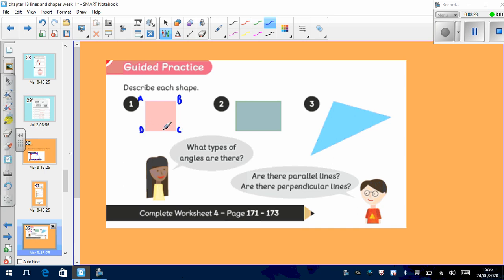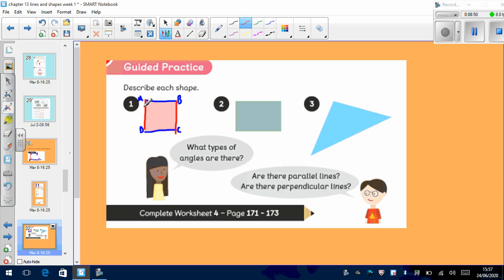So the lines AB and DC are parallel, like so, and also the lines AD and BC are parallel. So I would write that down: the lines AB and DC are parallel, and also the lines AD and BC are parallel.